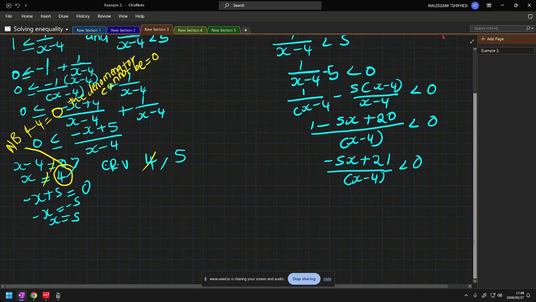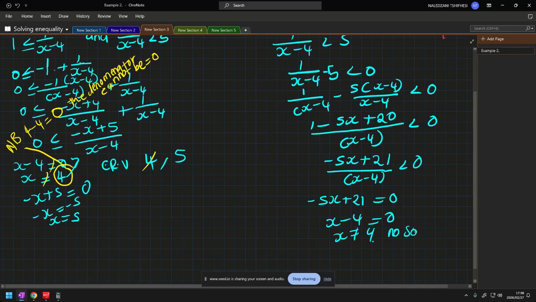Right? So now we're going to find critical values. The critical values are minus 5x plus 21 is equal to 0, and x minus 4 is equal to 0. And you know, x cannot be equal to 4, right? Why? Because there's no solution.